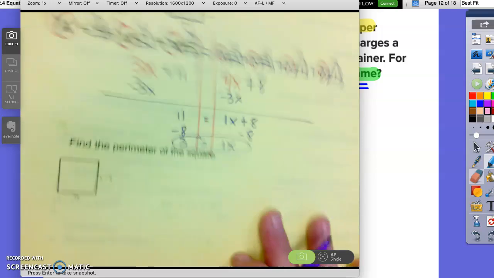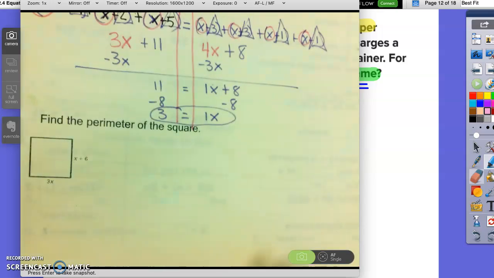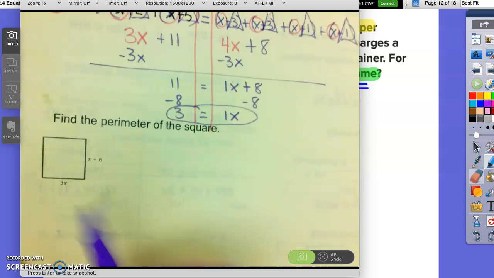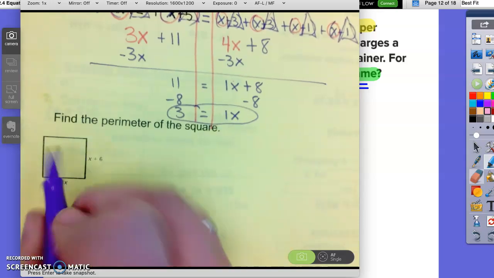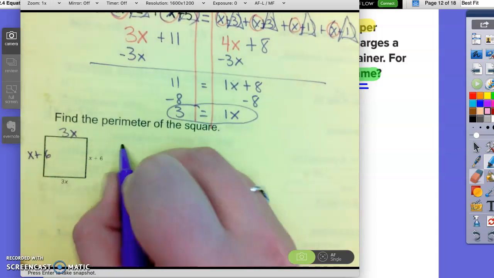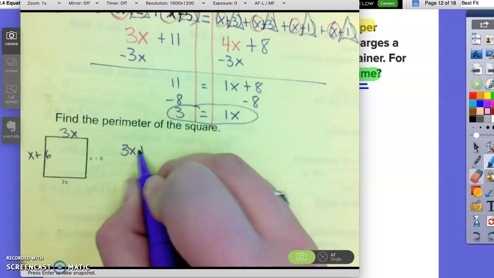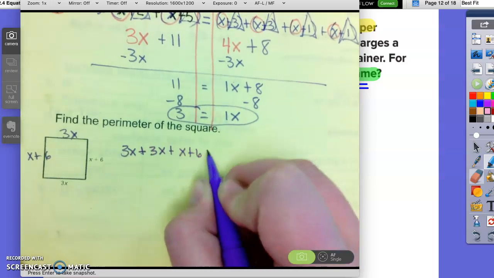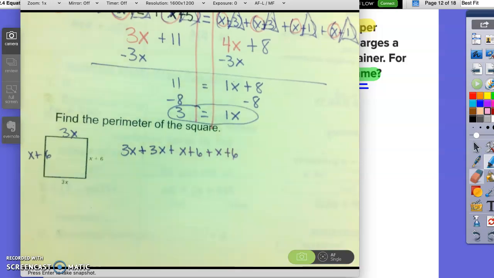If I have the perimeter of the square, so perimeter, again, these are all the sides added up. So this would be x plus 6, and this is 3x. So 3x plus 3x plus x plus 6 plus x plus 6. And I need to add those all up.